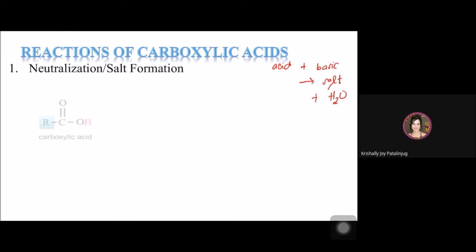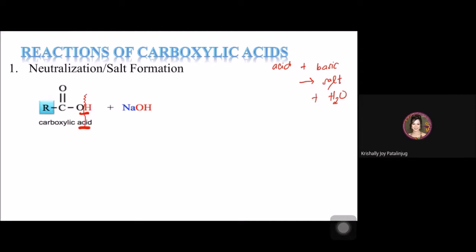For example, you have here a general reaction. You have any carboxylic acid given, a molecule which contains a carbon double bond oxygen with a terminal OH, that is a carboxylic acid. Then it is being reacted with a base, sodium hydroxide. What happens here is this carboxylic acid, as an acid, will act as an acid, particularly via donating its proton.